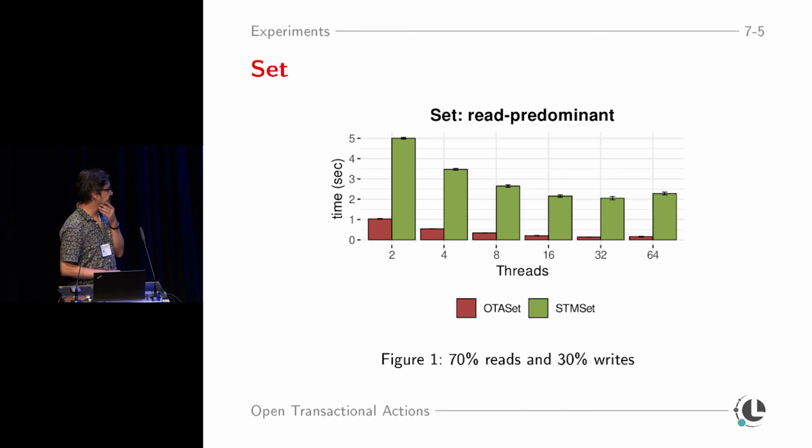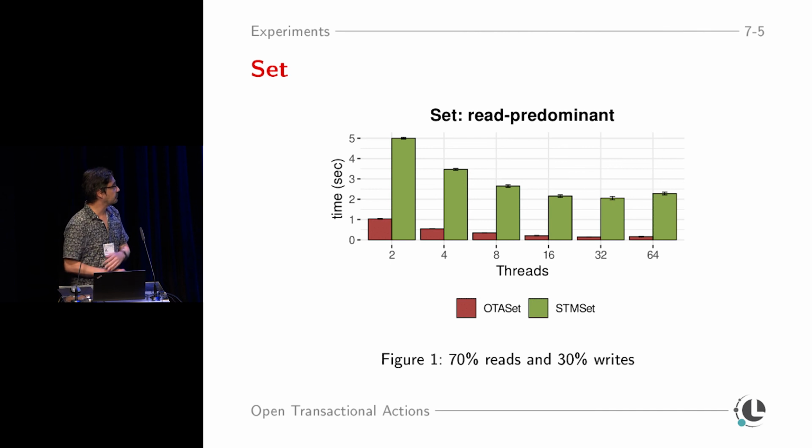So this is the experiment with 70% reads and 30% writes, with two threads. The transactional boosted version is almost 5 times faster than pure STM Haskell, and this increases up to 64 threads, when the transactional boosted version is almost 15 times faster than STM Haskell.